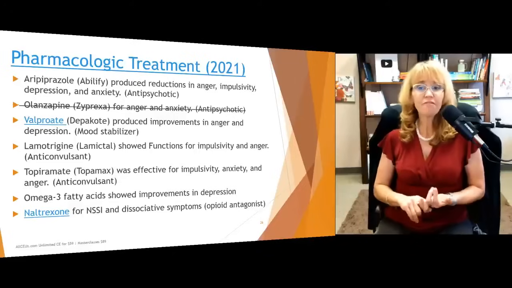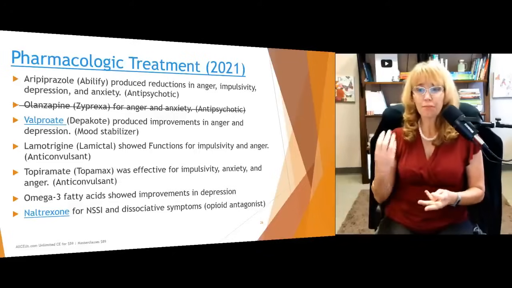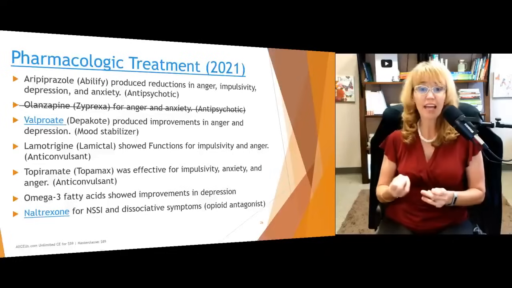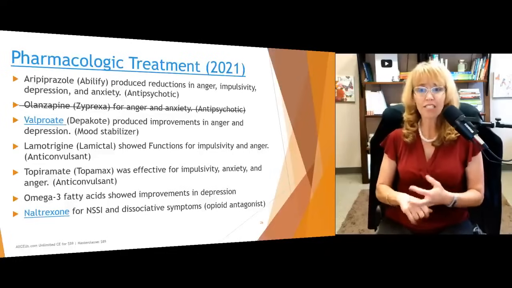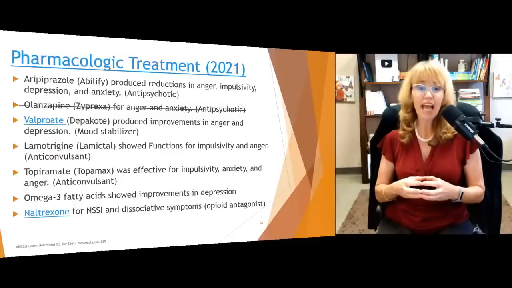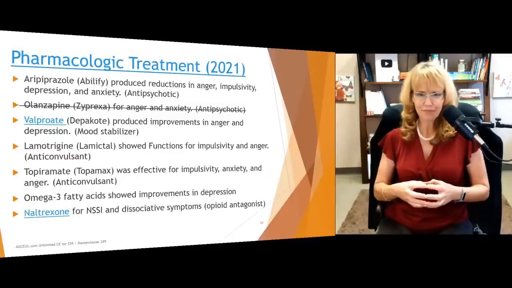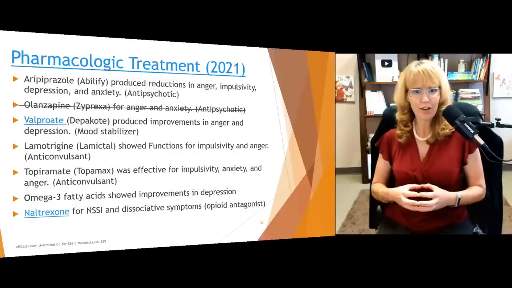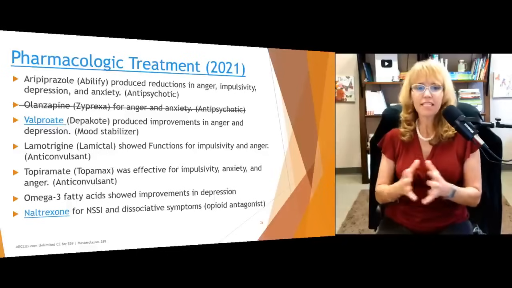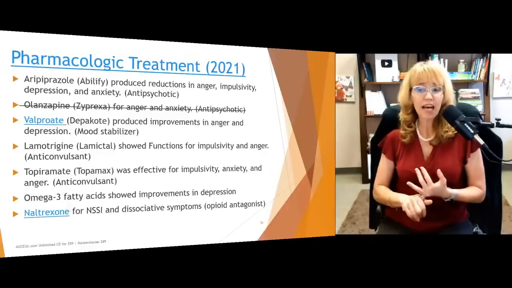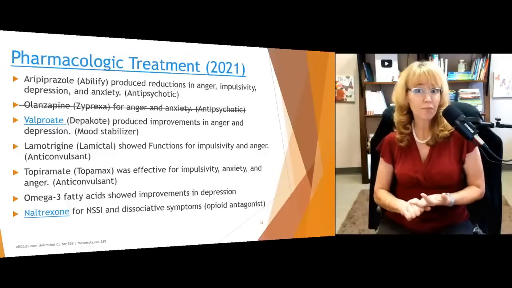Lamictal, which is an anticonvulsant, has shown that it improves impulsivity and anger. Another anticonvulsant, Topamax, was effective for impulsivity, anger, and anxiety. And naltrexone, which is an opioid antagonist, is effective for non-suicidal self-injury and dissociative symptoms.